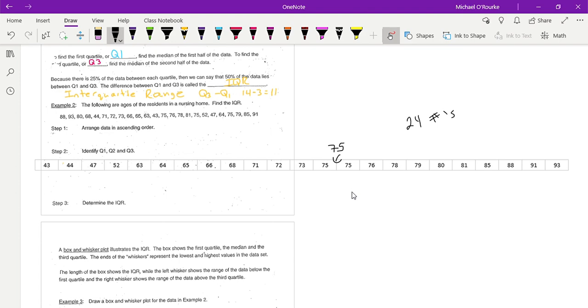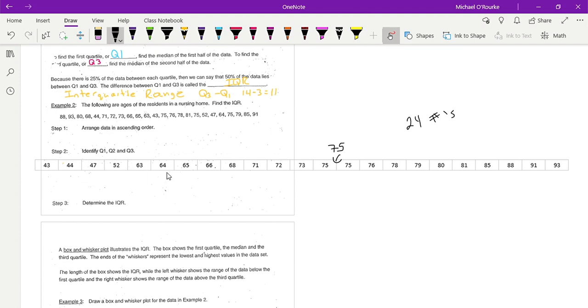Would you like me to do it online, like up here with the formula, or without the formula? So both? Okay. So, first things first, we have 24 terms, correct? Halfway is going to be 12 and a half. We added a second 75.